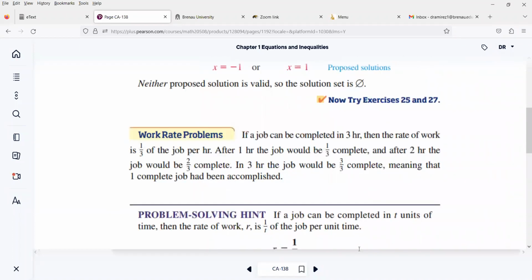So here's the situation. If a job can be completed in 3 hours, then the rate of work is 1/3 of the job per hour. After 1 hour, the job would be 1/3 complete. After 2 hours, the job would be 2/3 complete. In 3 hours, the job would be 3/3 complete, meaning that one complete job has been accomplished.